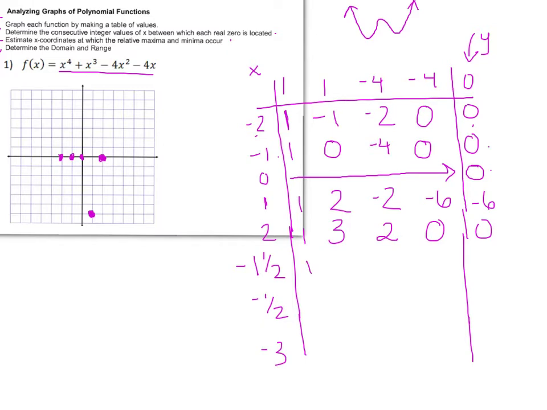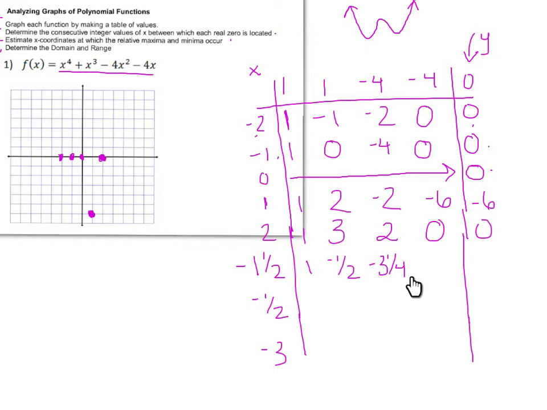So we'll drop the 1 down. 1 times negative 1.5 is negative 1.5, plus 1 is negative 1/2. Negative 1/2 times negative 1.5 is positive 3/4. Positive 3/4 minus 4 is negative 3 1/4.